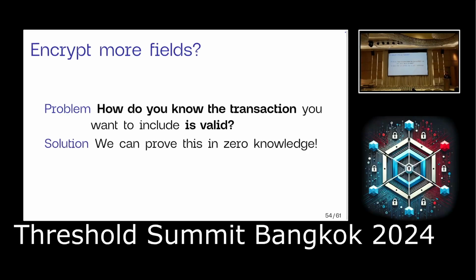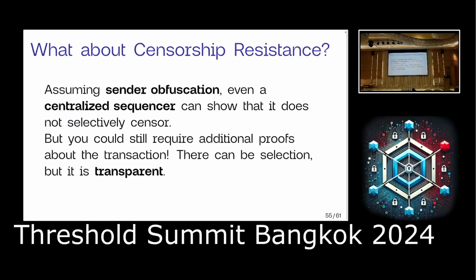If we can have a system where we prove in zero knowledge that the encrypted transaction can be included in the block, an interesting consequence of that is, does this mean if, for example, you have a centralized L2 with a centralized sequencer, that the centralized sequencer loses the ability to censor?